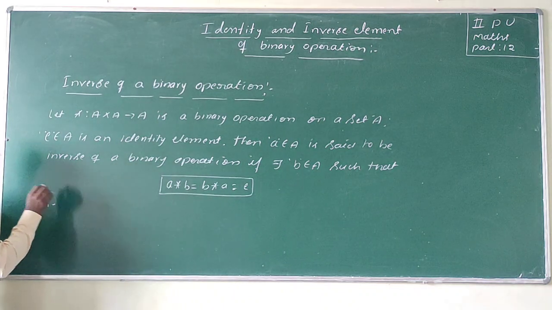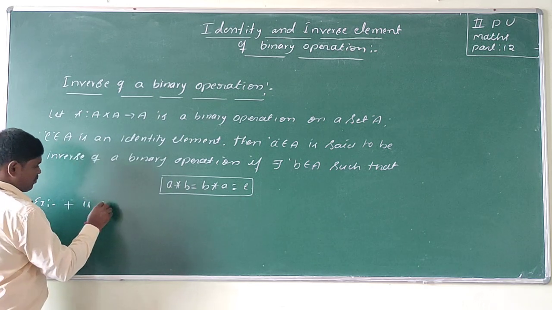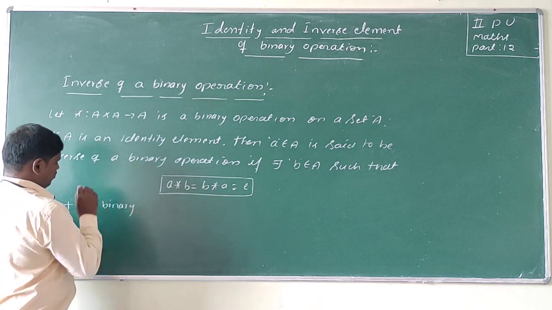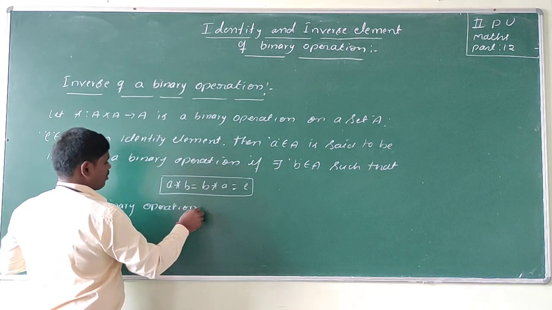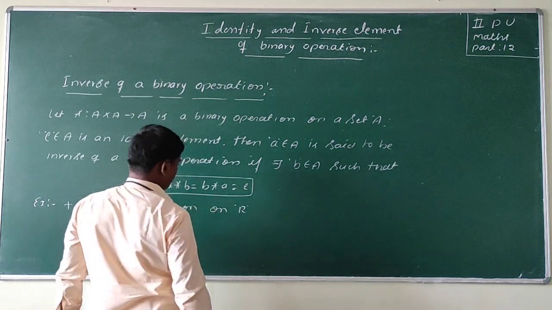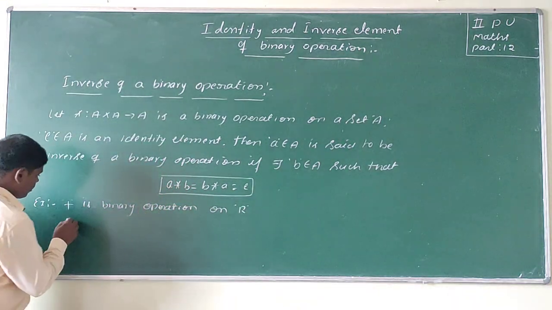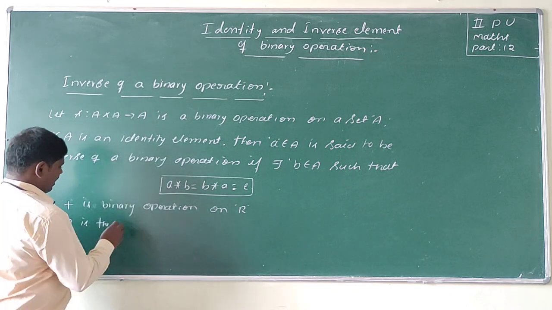Suppose we take an example. Plus, addition, is a binary operation on the real numbers. So 0 is the identity element.